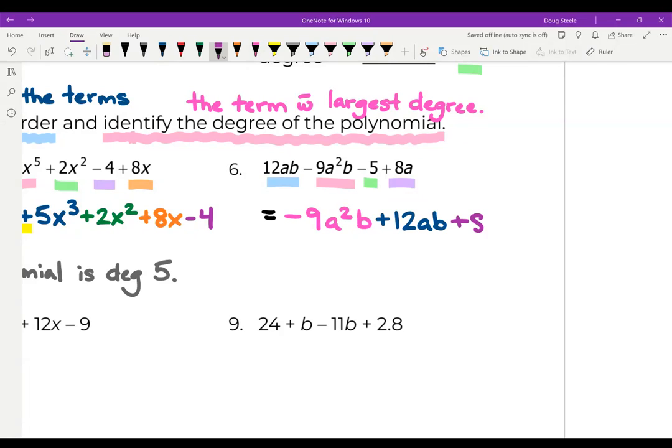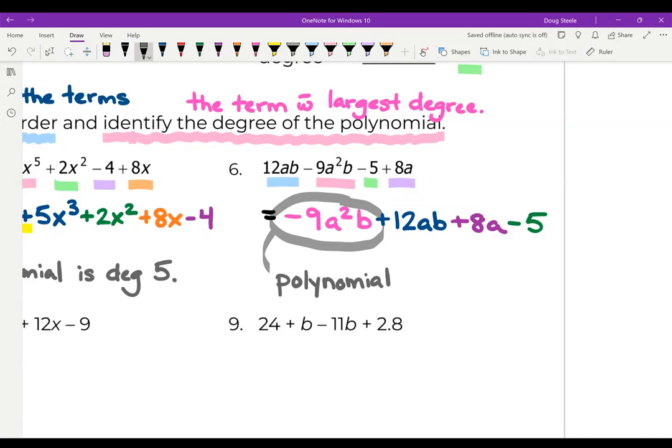Then I'm going to write 8a because it has 1 degree. And then the last one that has 0 degree is that minus 5. Looking at our first term, that tells us the degree of the polynomial is 3.